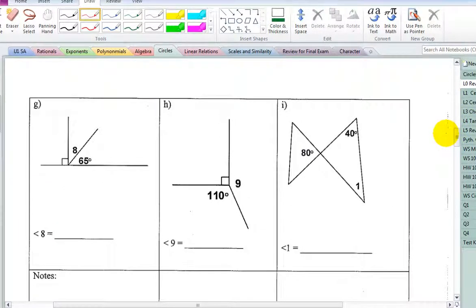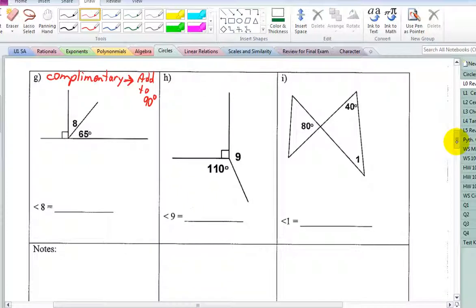Next one. We call these ones complementary. That means they add to 90 degrees. So it doesn't mean that they're polite to each other and say nice things. It means they add to 90 degrees.